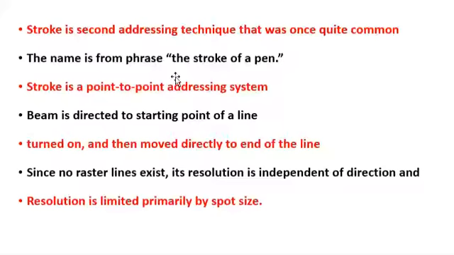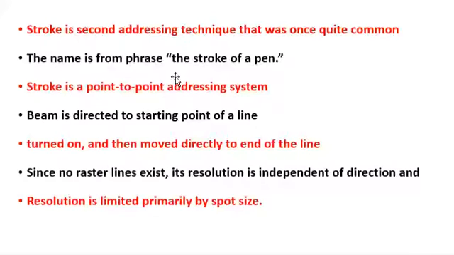Now, the second method, apart from the raster, is the stroke addressing technique, and this is the one that before was very popular, but now it is highly diminishing. The raster is the most commonly used, and the name stroke scanning is obtained from the stroke of a pen.